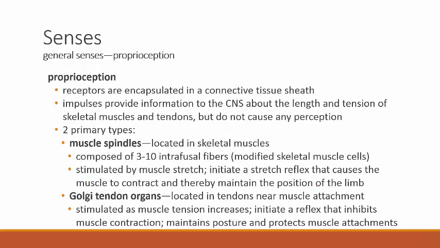Okay, and then the last of the general senses that we're going to be talking about is proprioception. Proprioceptors are dendrites that are found encapsulated in a connective tissue sheath, and they provide information to the central nervous system, both about the length and the tension found in skeletal muscles and in tendons.